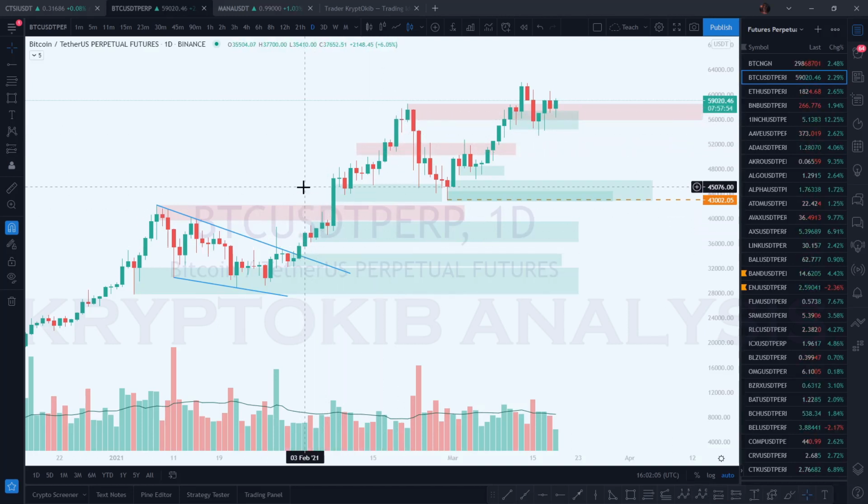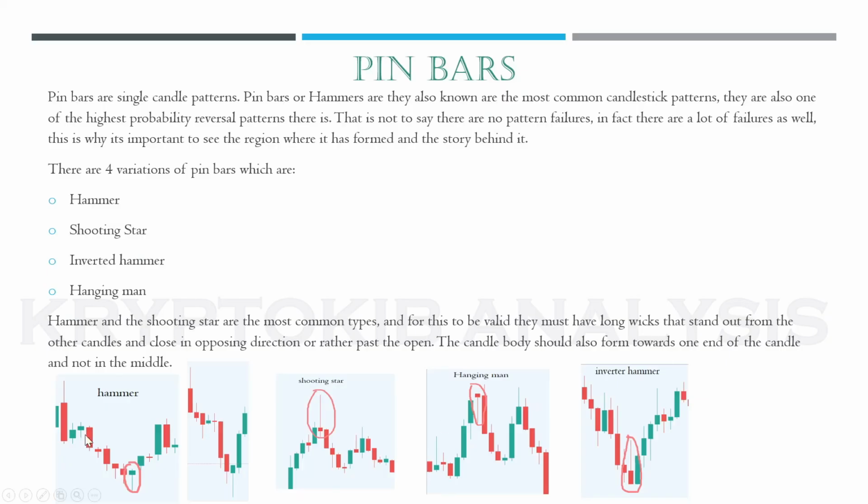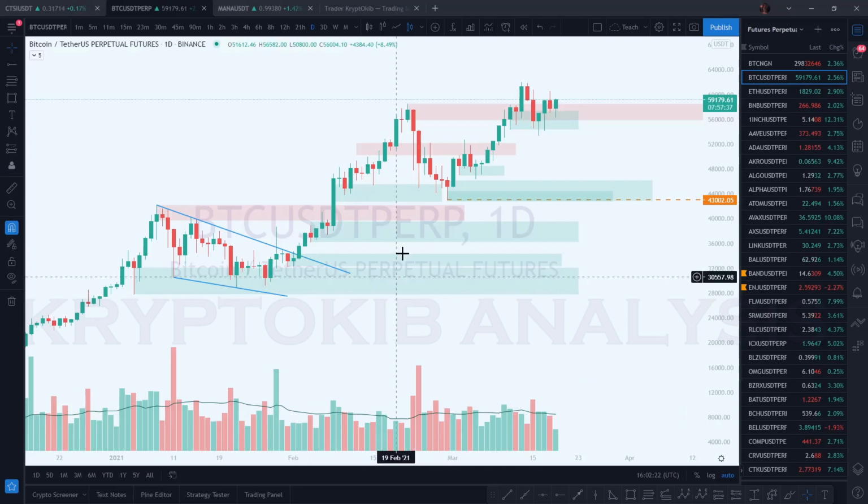So here, if we try to remember, we can easily see that we have some pin bars on this particular chart. Again, here is the hammer, here we have the shooting star, here is the hanging man, here is the inverted hammer. So let's see what we can see on the chart.